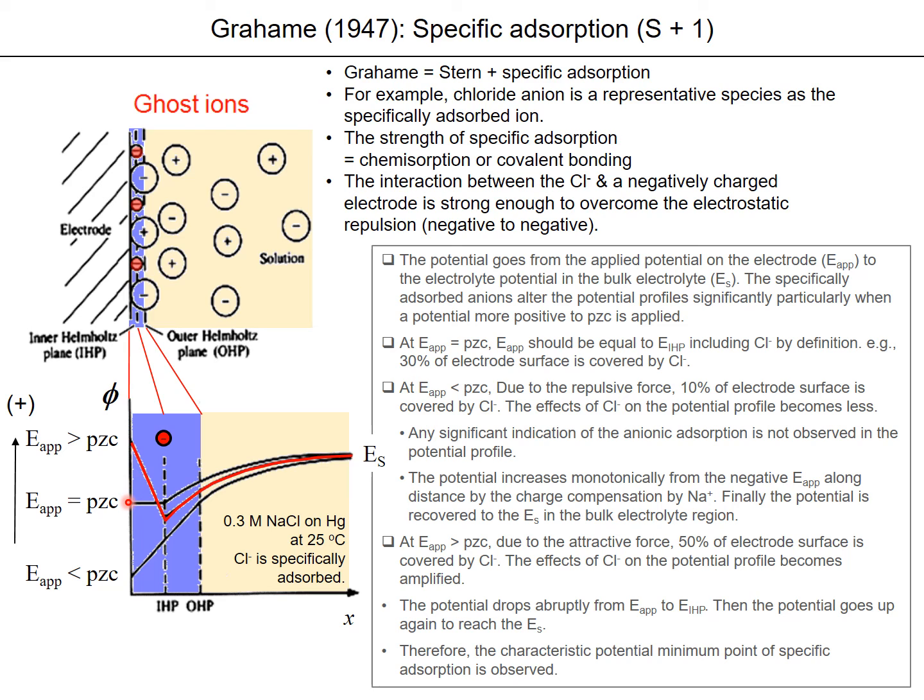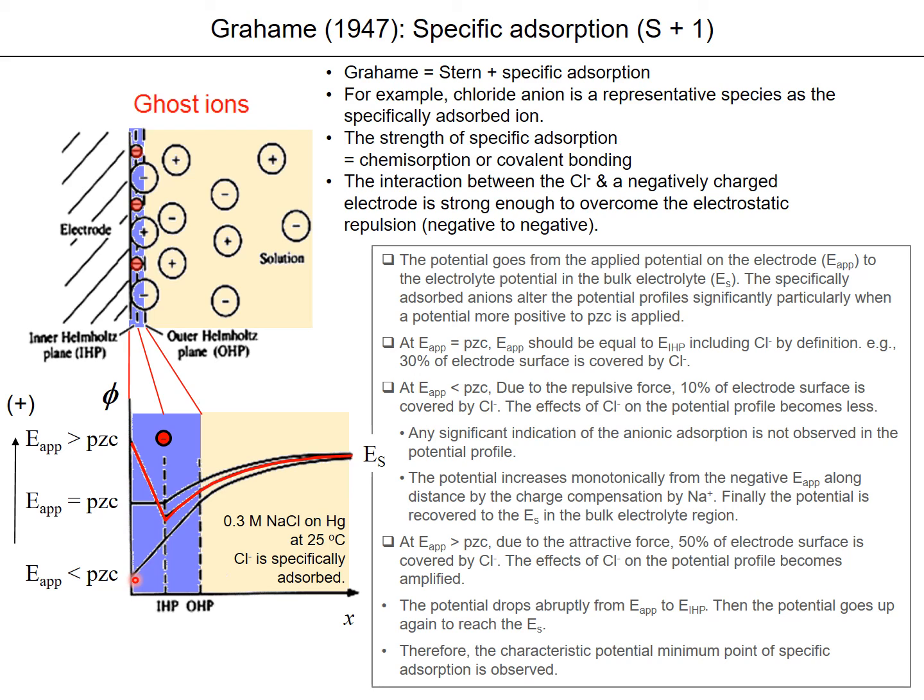However, when you decrease the potential into the more negative value, the percentage is going down. Like schematically, let me say 10% of electrode surface is covered by chloride minus anion. That is to say, the effect of chloride minus on the potential profile becomes less.